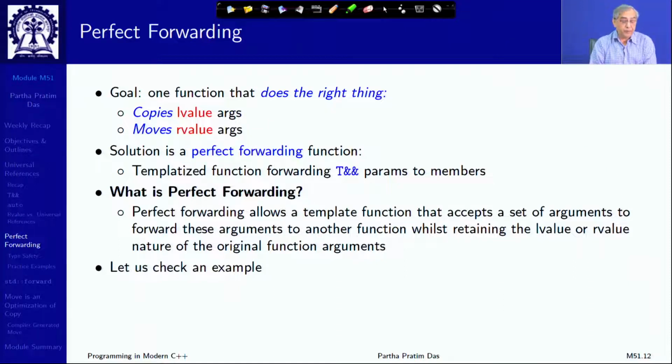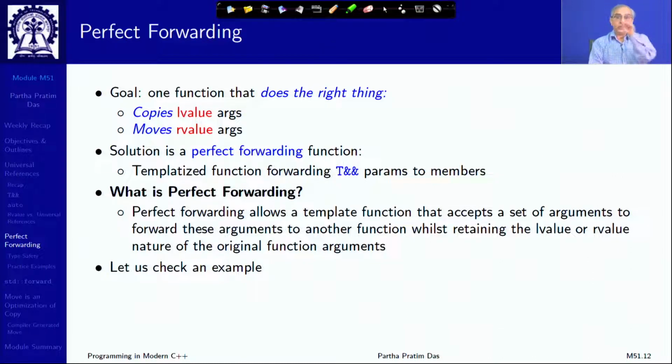The perfect forwarding problem arises when, in a template function, I want to call another function and pass the parameters. I have a template function and I want to call another function from that template function, passing the parameters that the template function has received. So, this is what is called parameter forwarding. You received parameters and you are forwarding them to another function.